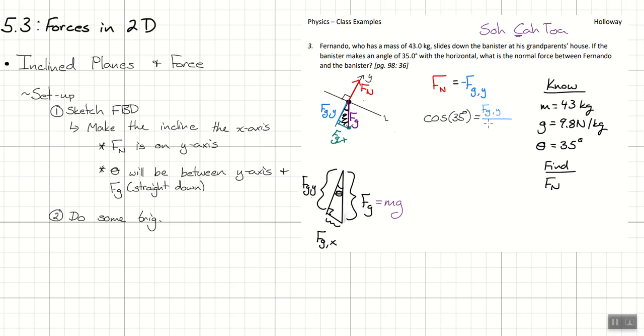And we can write it here as FG, or if you'd rather, and I know I would, I'm just going to use mg. Okay. To solve this for the force of gravity in the y direction, if I multiply both sides by mg, and I'm going to switch the sides that these are on, I would have the force of gravity in the y direction is just equal to, and I'd multiply both sides by mass times gravity, or the force of gravity, times a cosine of 35 degrees in this case.